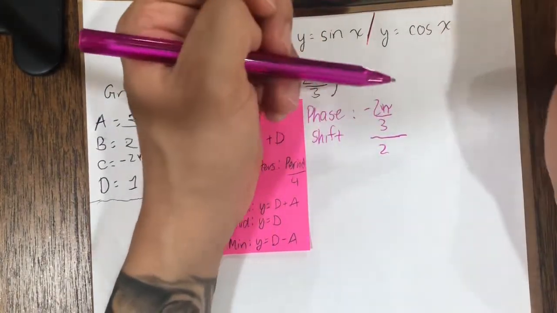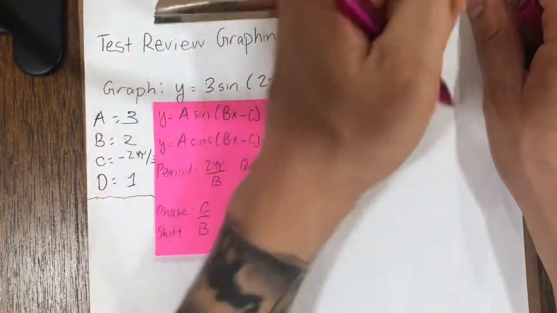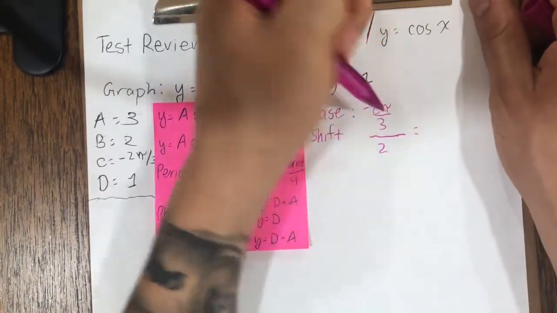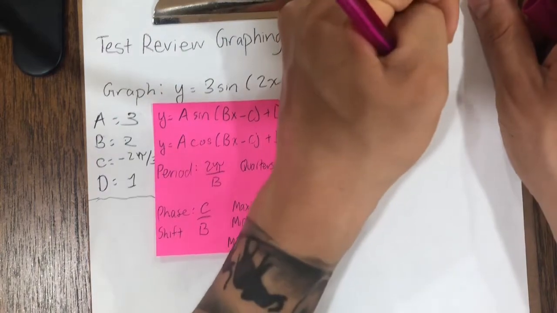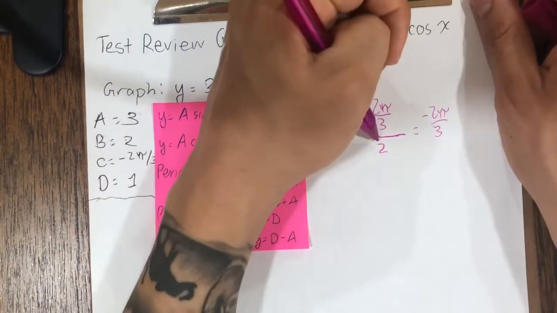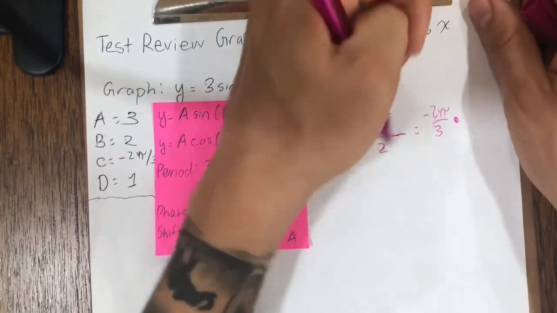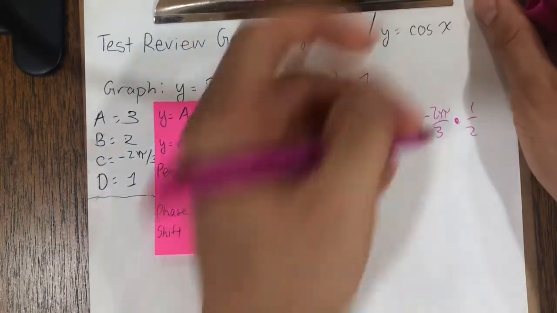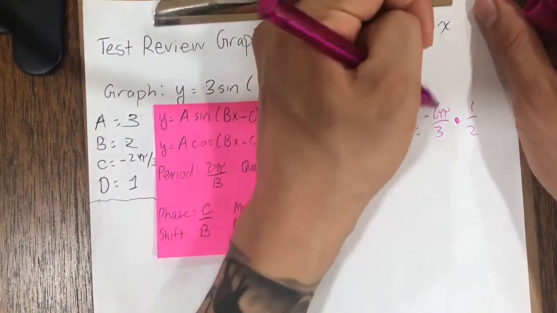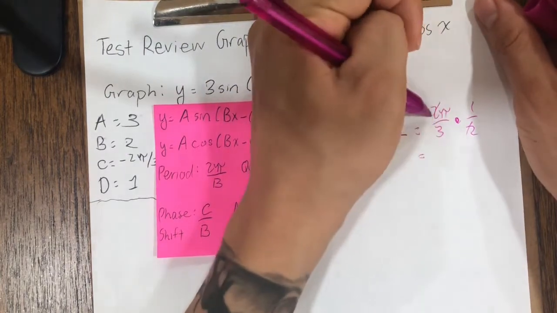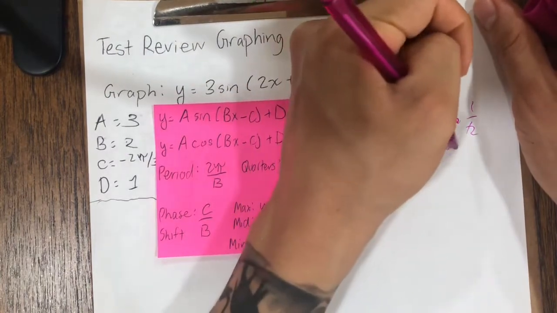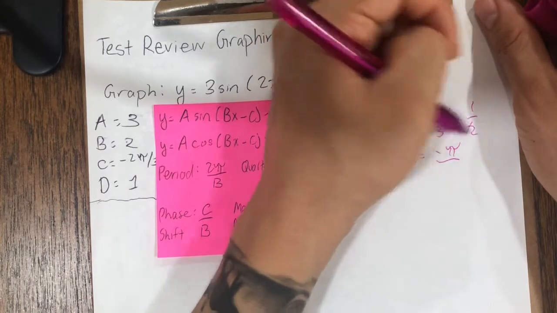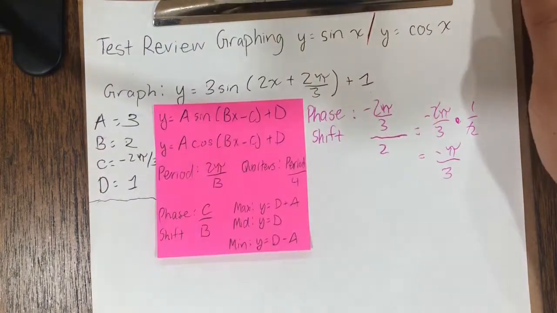For this one, we're going to have to do the keep, change, flip. I'm going to keep the first fraction, change this into a multiplication, and flip this to 1 over 2. If I cross simplify, the 2's go away. Negative pi times 1 is negative pi. 3 times 1 is 3. So I get negative pi over 3.